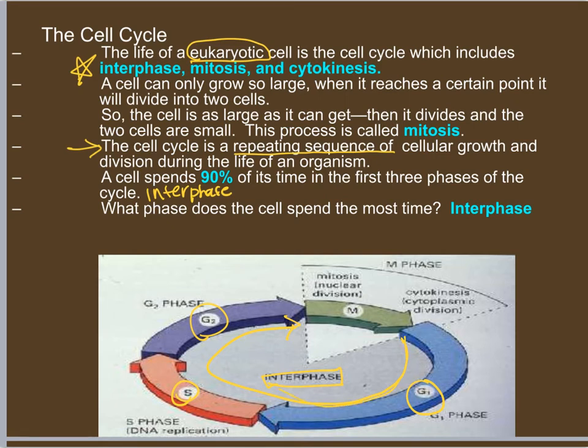Interphase has three parts: G1, S, G2. Then you have mitosis, which is the nuclear division. Very important you understand mitosis does not divide the cell. It is only the nucleus dividing, because that's where all the important stuff is. Then cytokinesis finishes dividing the cell and the cytoplasm. So you don't get two separate cells until after cytokinesis. Then after cytokinesis, the cell will begin interphase again.